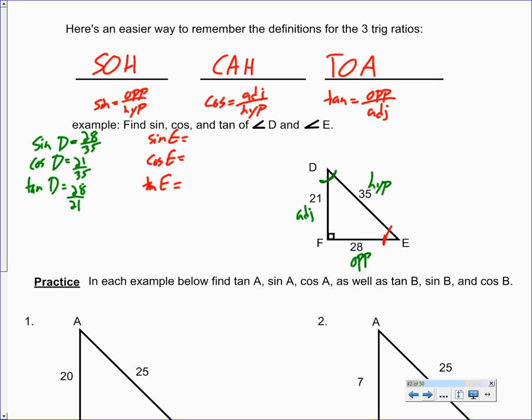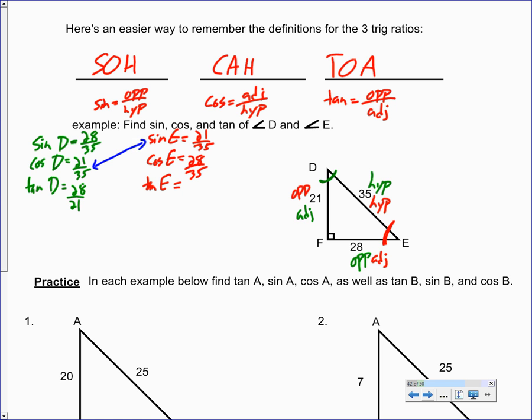The next one, angle E, we have to relabel the sides. Looking at angle E, 21 is now the opposite side, 28 is now the adjacent, 35 is still the hypotenuse. So now our sine is 21 over 35, opposite over hypotenuse. And notice that that's the same as the cosine for D. Same thing, I look at E, the cosine for E would be 28 over 35, adjacent over hypotenuse.